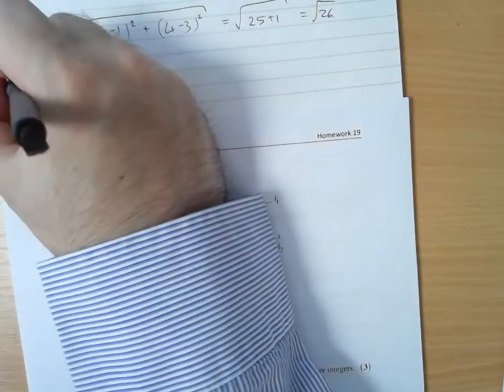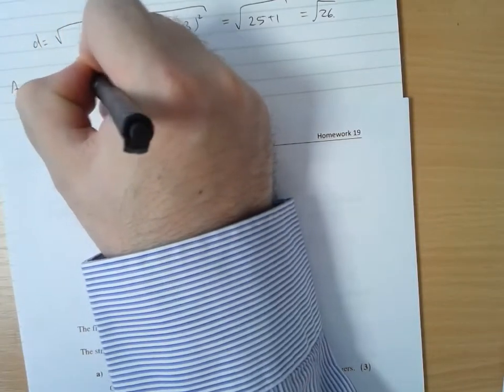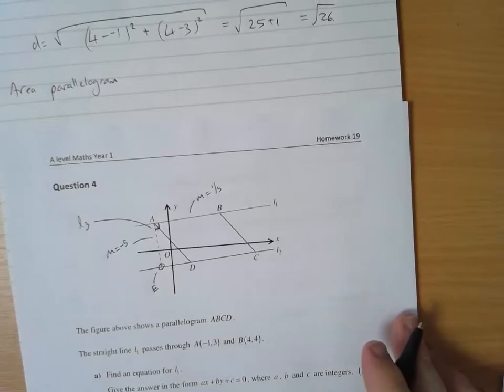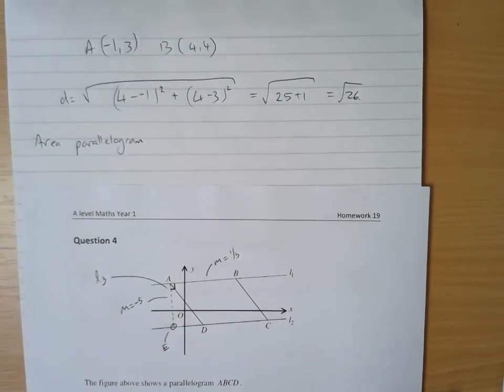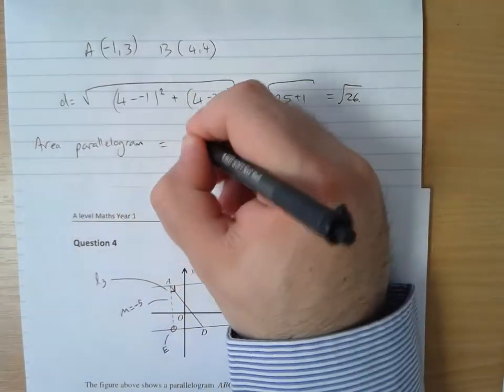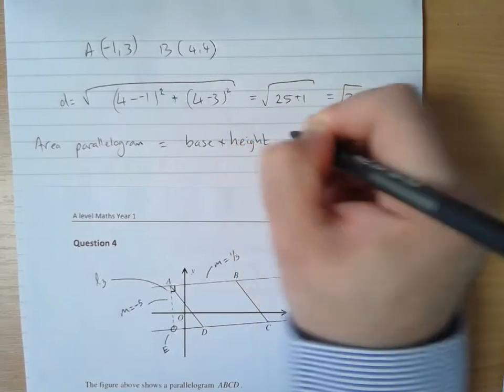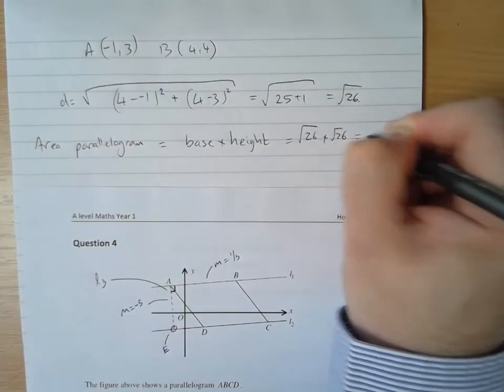So area of parallelogram is base times height, which is square root 26 times square root 26, which is 26.